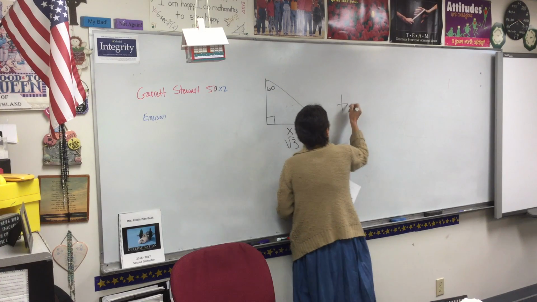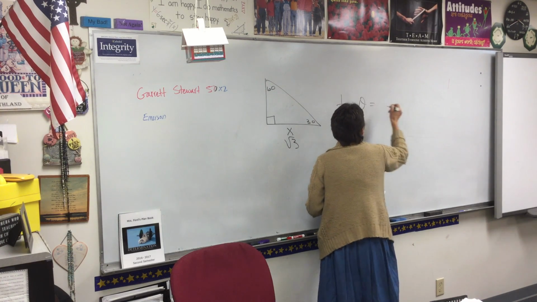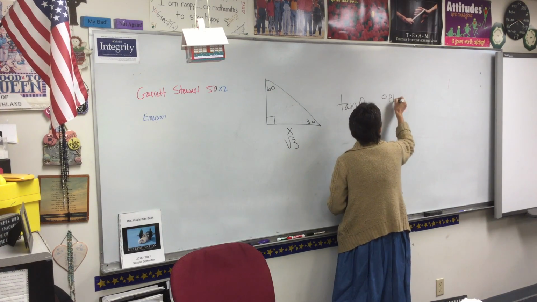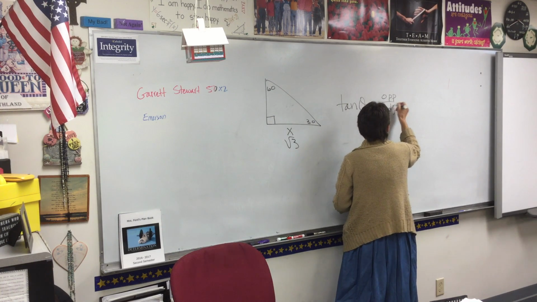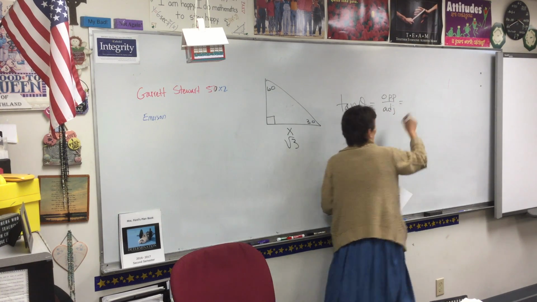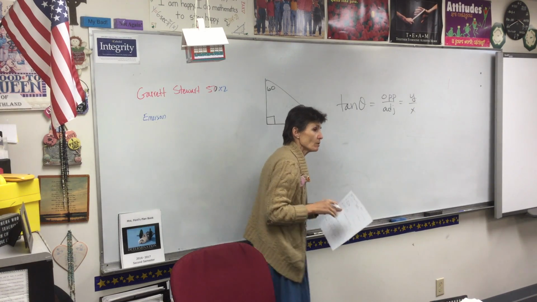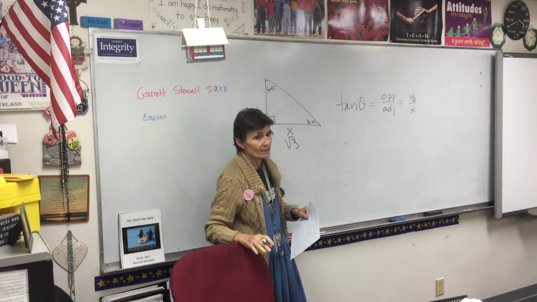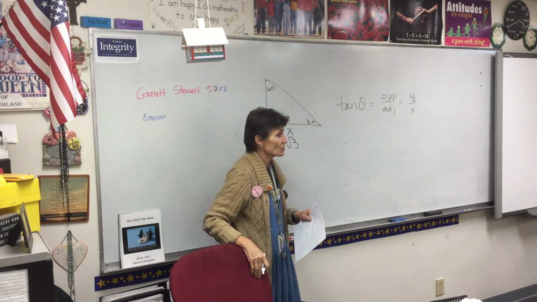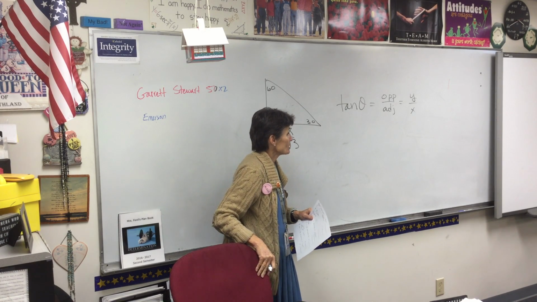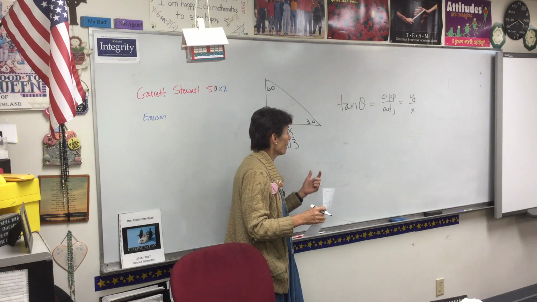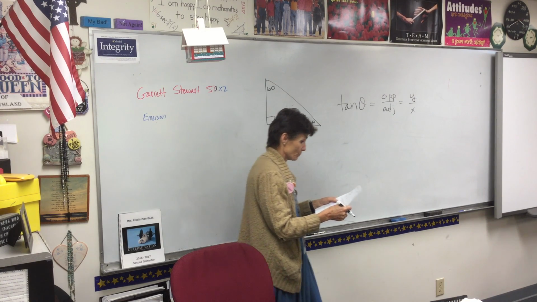All right. What's tangent? Okay, so one option is opposite over adjacent, but what's another option? Y over X. Y over X is another option. Yep. So either one of those would be fine. They are both definitions of the tangent, and depending on the problem, is the one you will use.